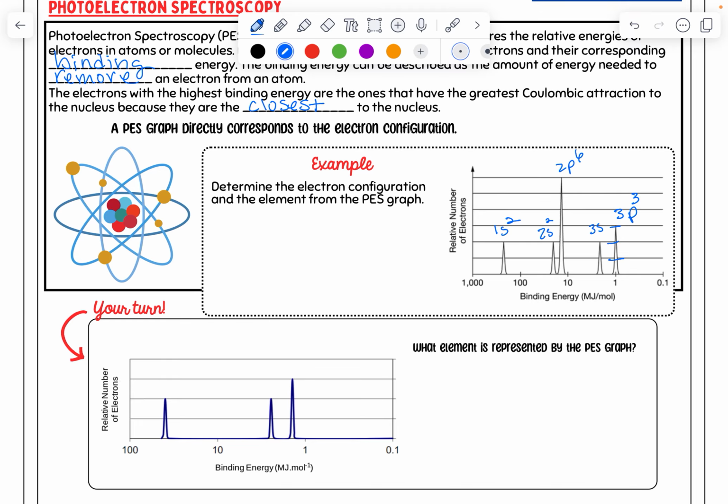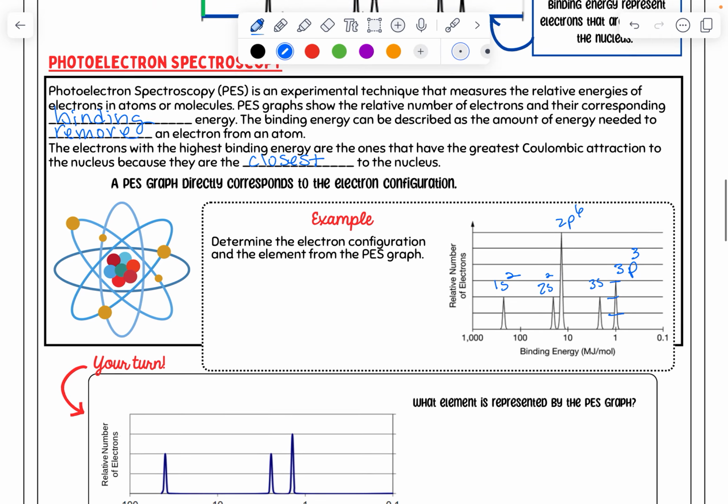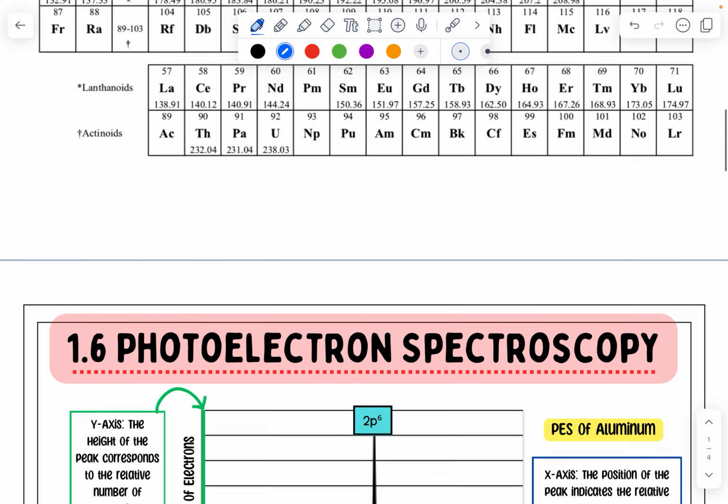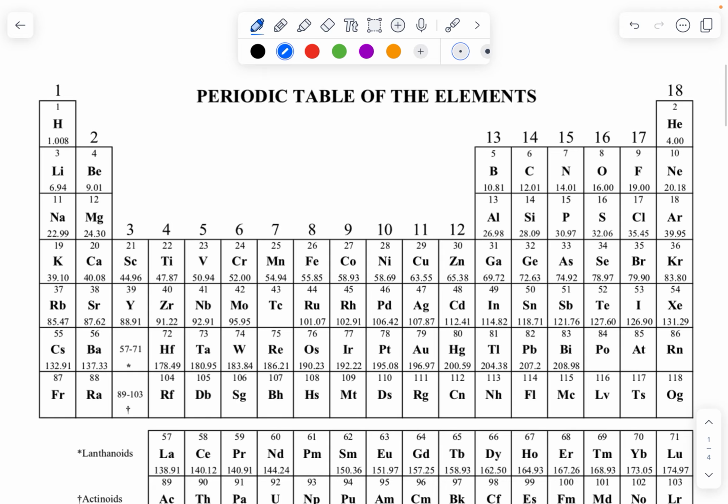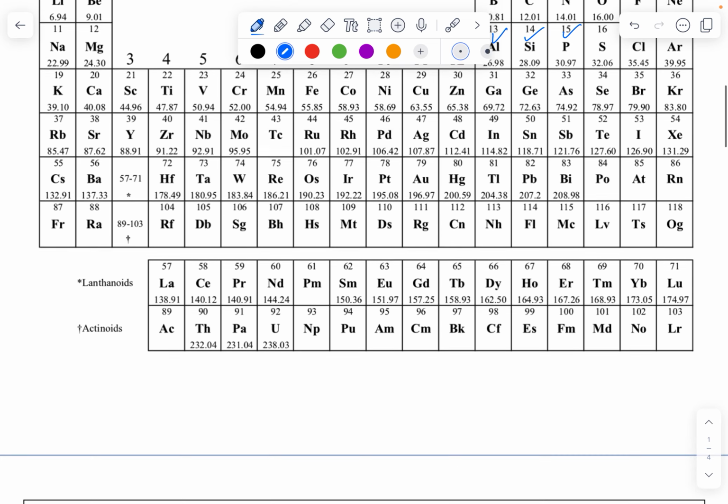So let's go to our periodic table and see where 3p3 is to identify our element. Remember, this starts with your 1s. Sorry, this is your s level, and this starts 2p, so this is 3p. And if I go over 1, 2, 3 electrons, it's phosphorus.